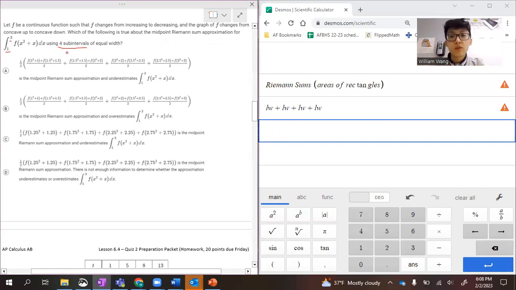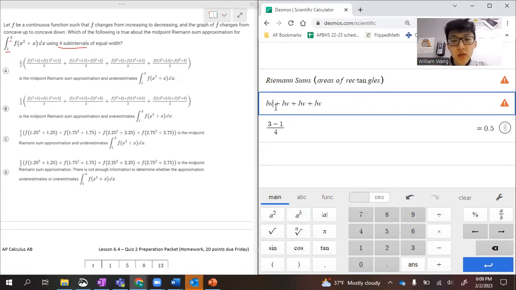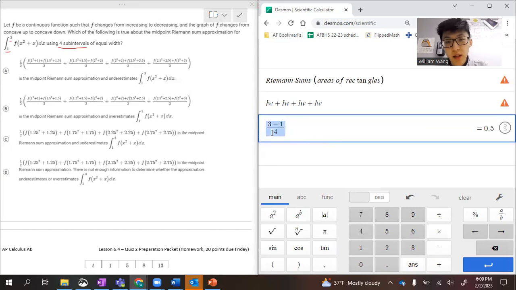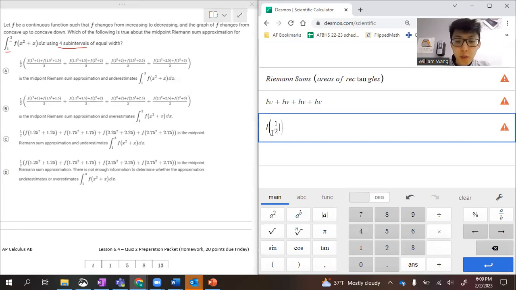So if I'm going from 1 to 3, which is two units, using 4 rectangles, each rectangle is going to be 0.5, and I can show that because I'm going to do 3 minus 1 divided into 4 rectangles. Each of my widths is going to be 0.5. So let me write that down here. It's going to be L times 0.5 or 1/2. So L 1/2 plus L 1/2 plus L 1/2 plus L 1/2.